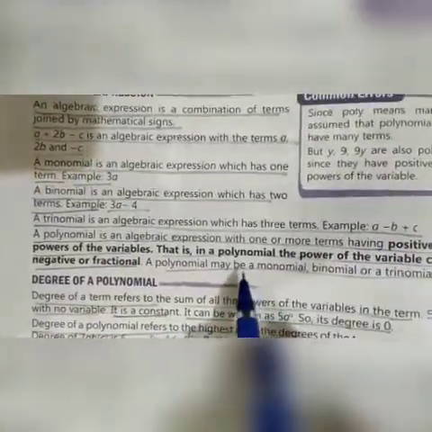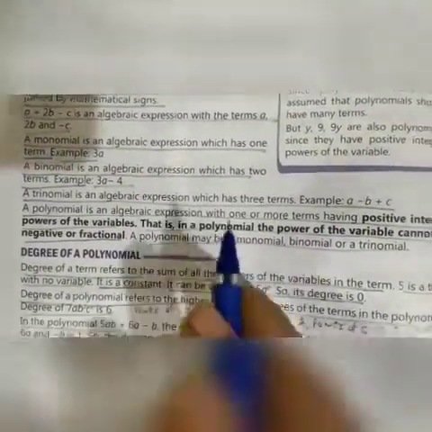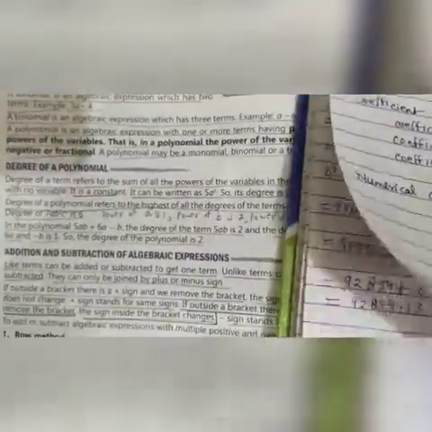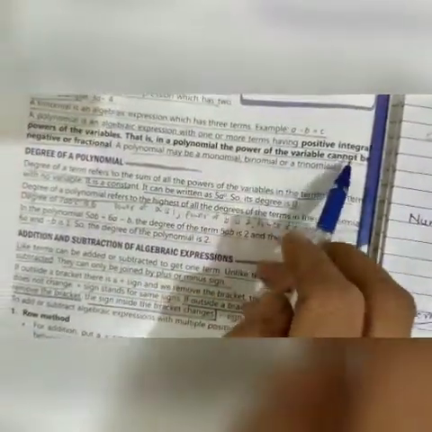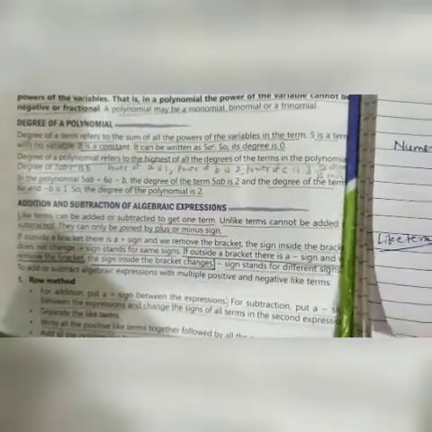But there is one condition for the polynomial. What is the condition? The power of variable cannot be negative or fractional. See how.